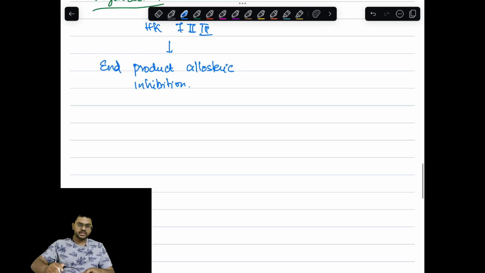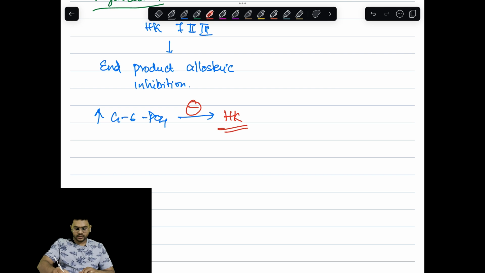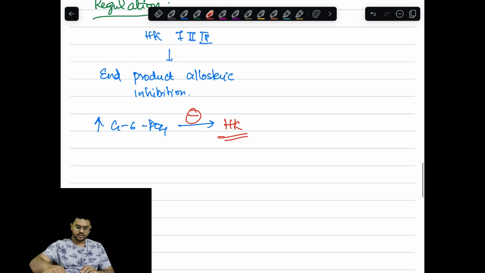So what does it mean? Who is the end product of this reaction, hexokinase reaction? That is glucose 6 phosphate. When sufficient amount of glucose 6 phosphate is there, it will go and inhibit the hexokinase enzyme. So it has end product inhibition.